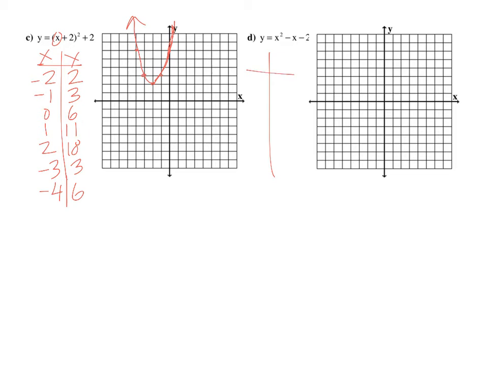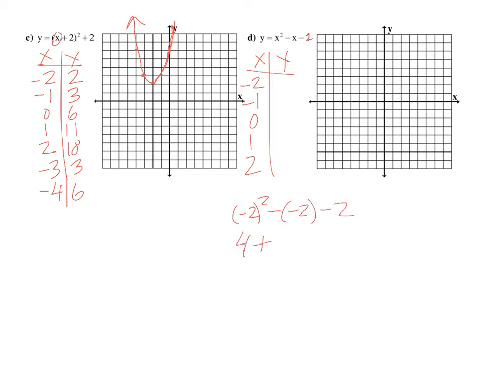All right, let's do one more example. X, Y. I'm going to have negative 2, negative 1, 0, 1, 2. Got to be careful working this out. If I plug negative 2 in, I get negative 2 squared minus negative 2 minus 2.